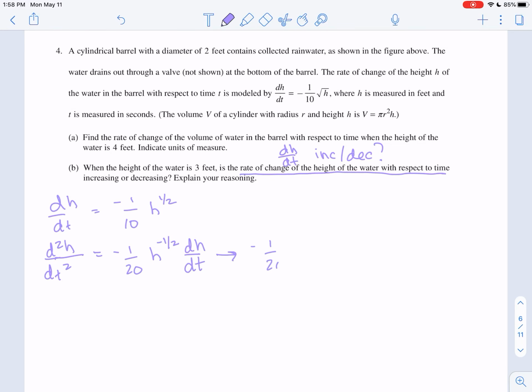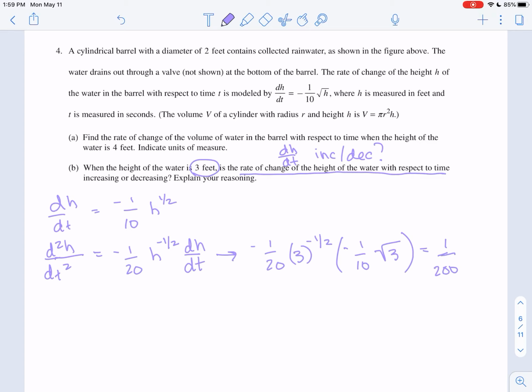let's plug some stuff in here. h, they said, was 3. dh/dt is negative 1/10 square root of h, which again, h is 3. So it looks like here I'm getting a negative times a negative, so that's going to be a positive 1 over 200.